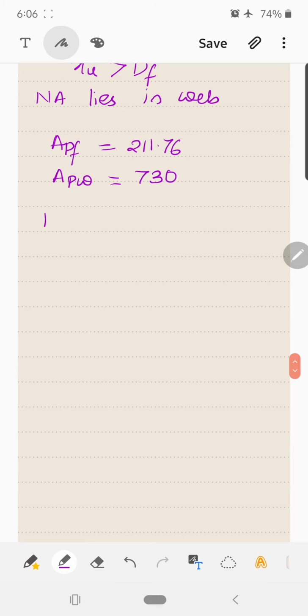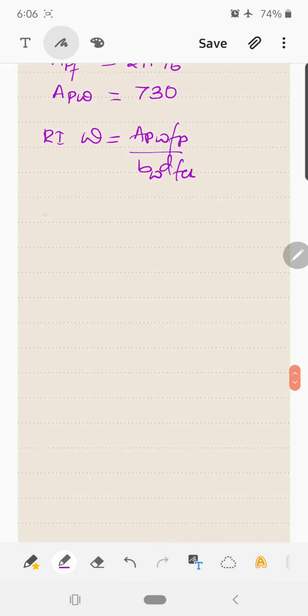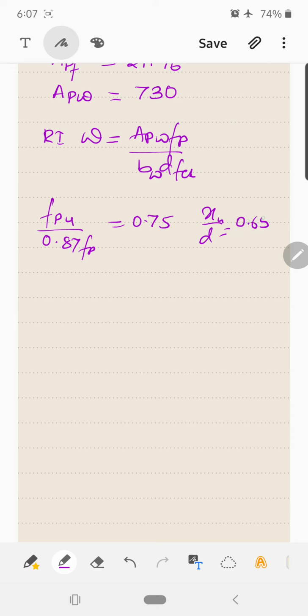Now calculate the new reinforcement index W for the flange, which is APW FP divided by BW D FCK. With that reinforcement index, calculate from the table FPU by 0.87 FP, you will get 0.75, and XU by D you will get 0.653.